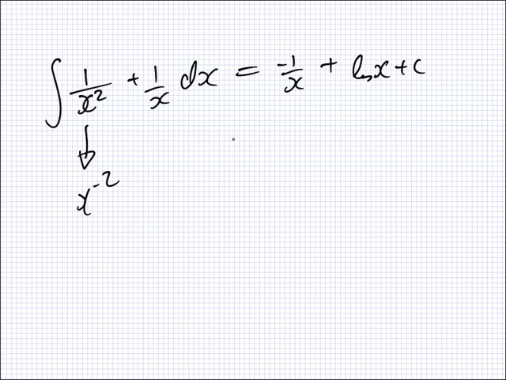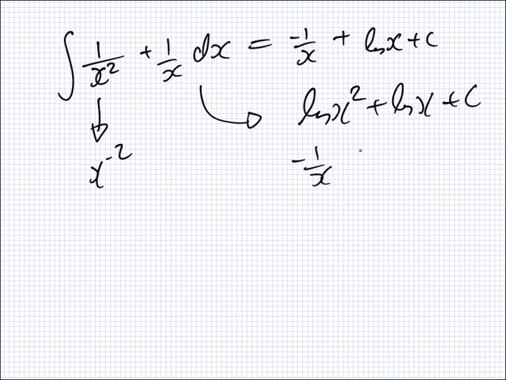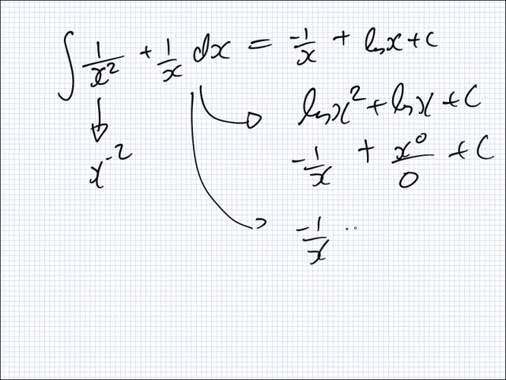So what are the common mistakes I see? Sometimes people write log x squared plus log x plus c. I sometimes see people write minus 1 over x. The other one I like to see is x to the 0 over 0 plus c. The other thing I see is minus 1 over x plus log x without the c.